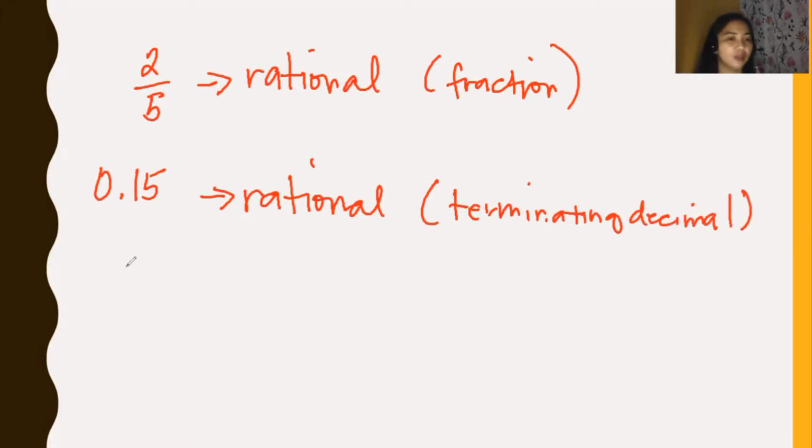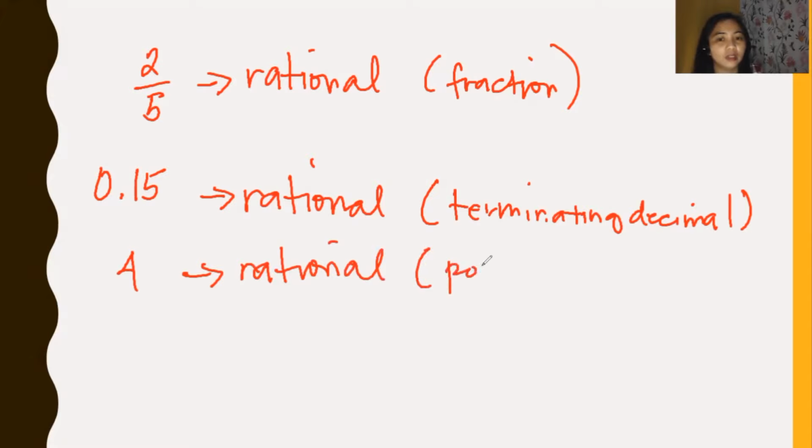We also have 4. Ito ay rational kasi ito ay positive integer. How about 0.025?